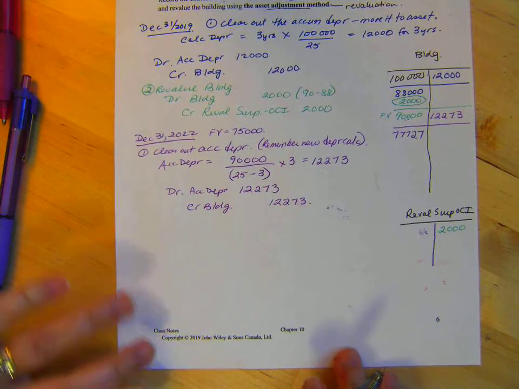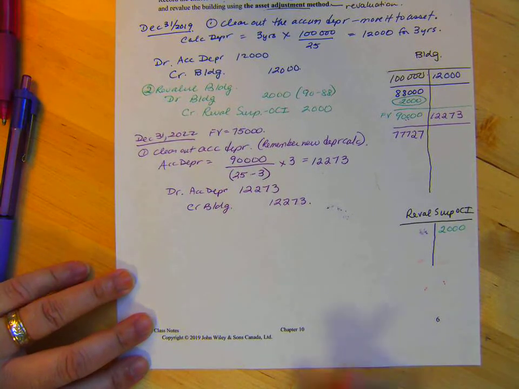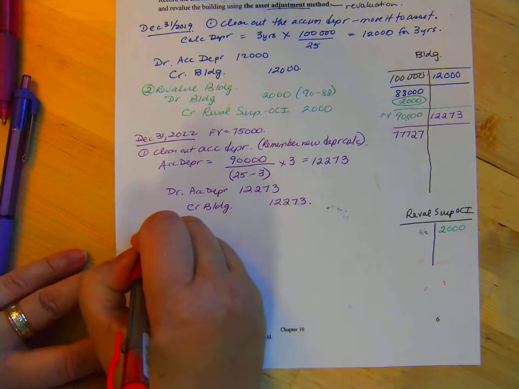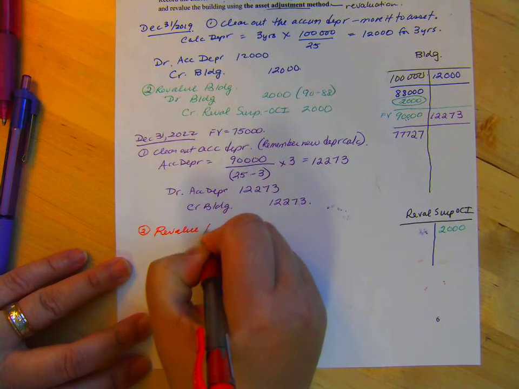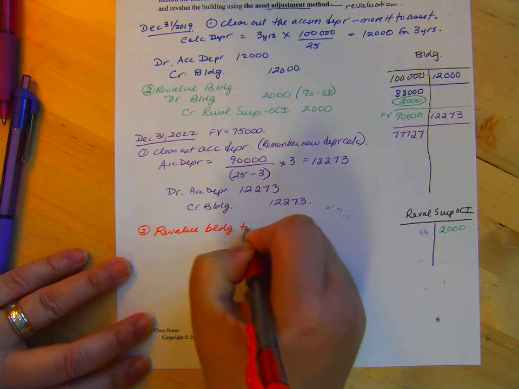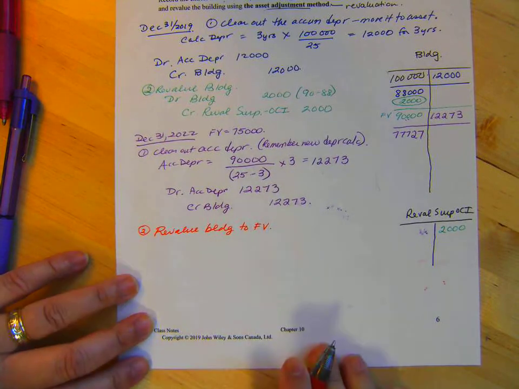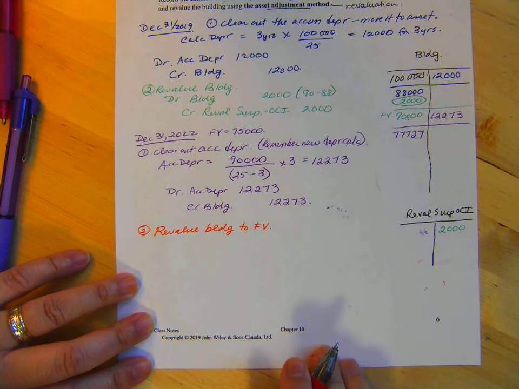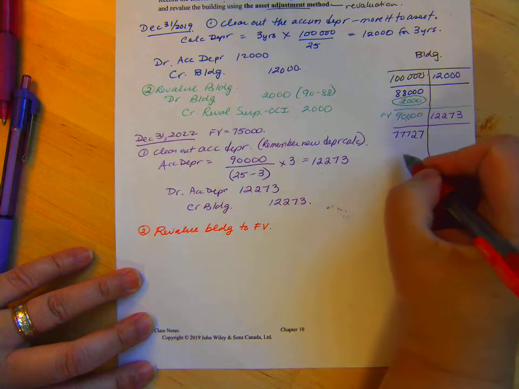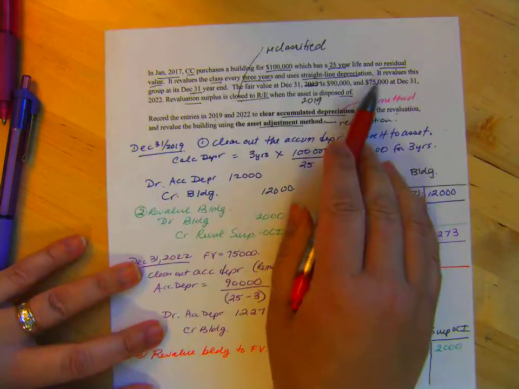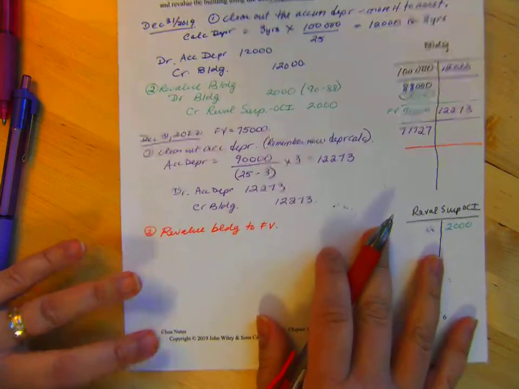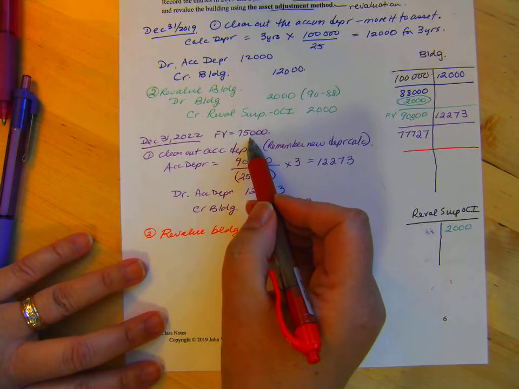Okay, so what's our next step then? We have to revalue the building to fair value. So, what is our fair value? Well, you can look up at the top, it's 75,000, or I just happened to write it down here.